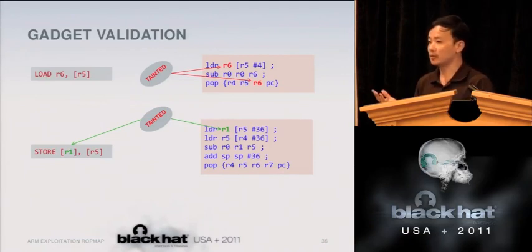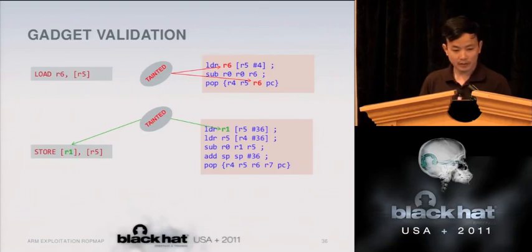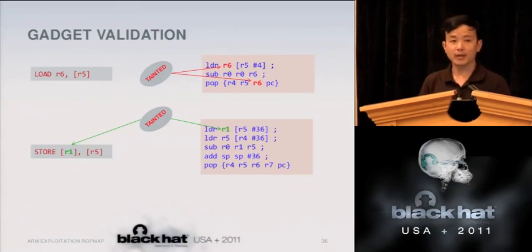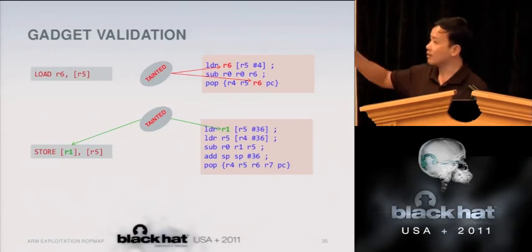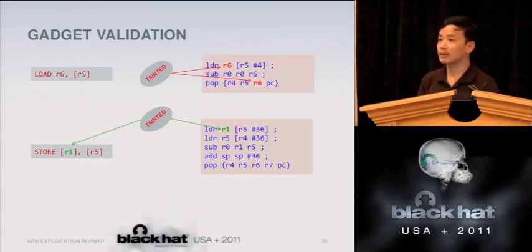It cannot be used; it's invalid. Another example of the checking is the store instruction. Here we want to store to memory referred by R1, and in our gadget chain we found a load that loads a value to R1, so it's invalid and cannot be used.